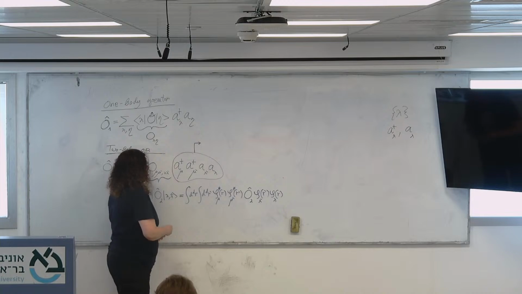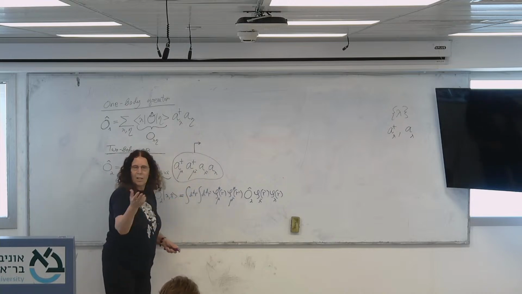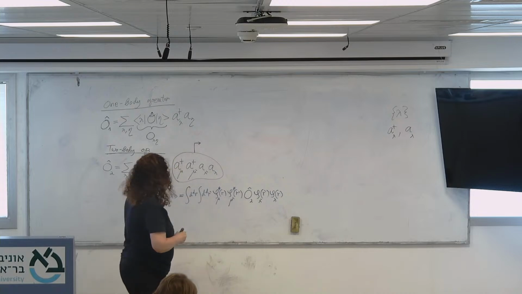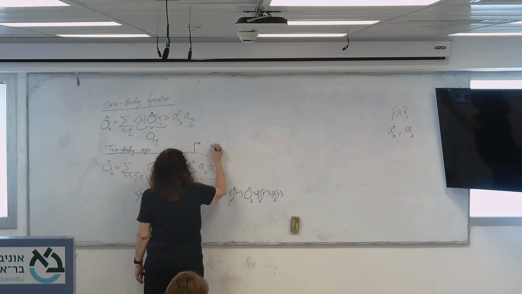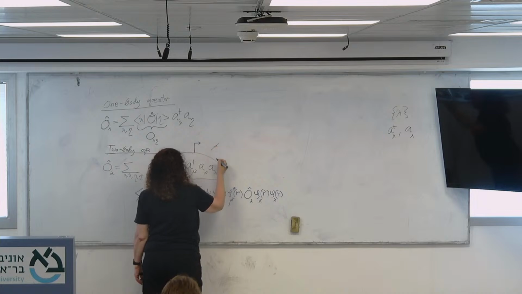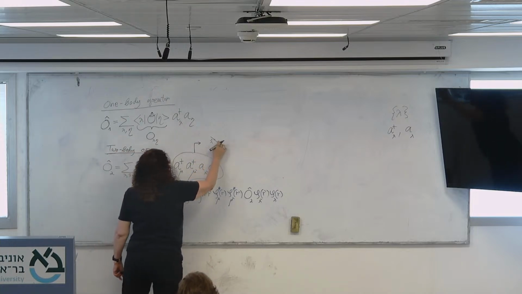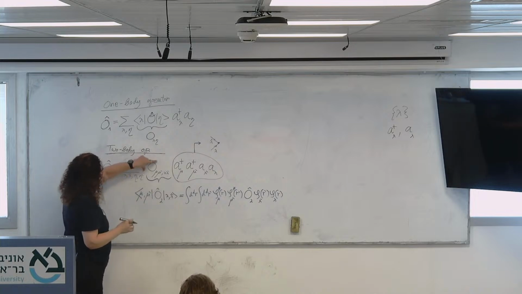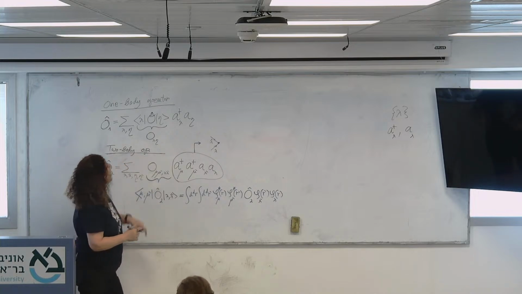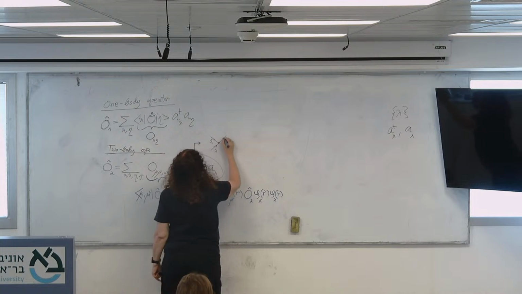Sometimes you can have a situation where two of the indices are the same, but this is the general form. And quite generally, you can draw it as a diagram where you imagine that there are two incoming particles with quantum numbers lambda and lambda prime. Then there is some collision, some interaction, whose size is encoded by the matrix element. Okay? And then they come out as mu prime and mu.